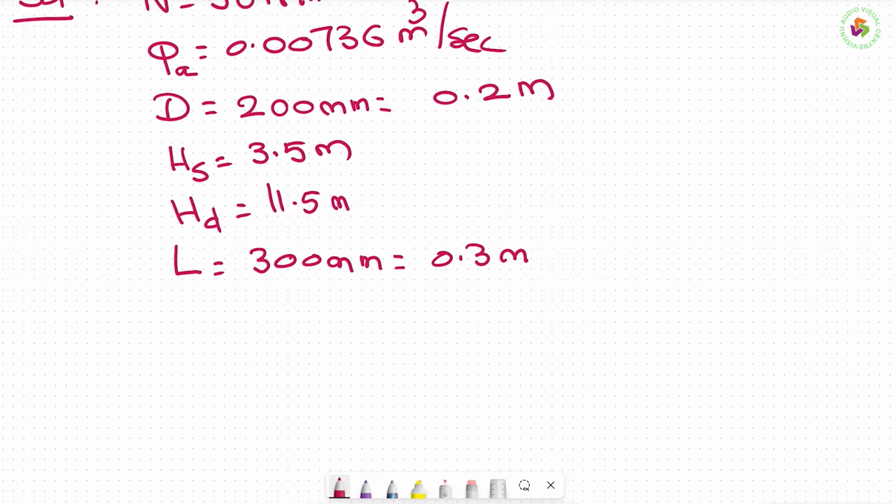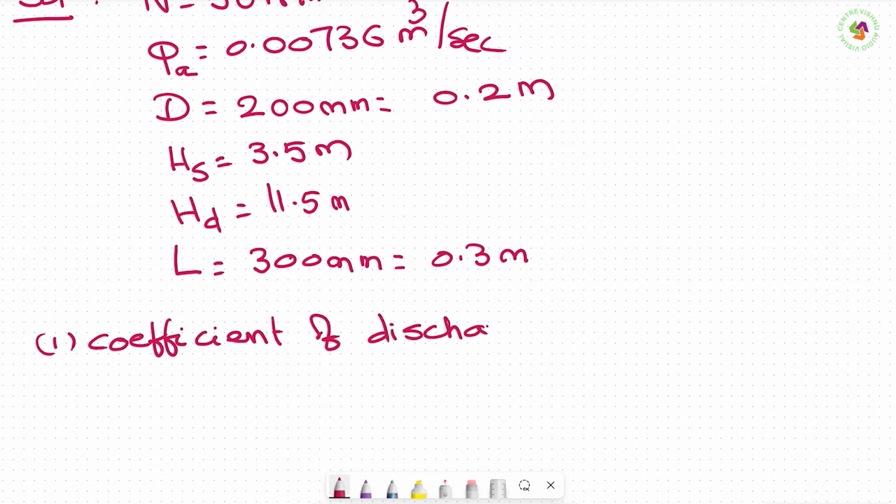Now let me go straight to the point. The first question is the coefficient of discharge. CD is equal to actual discharge by theoretical discharge.